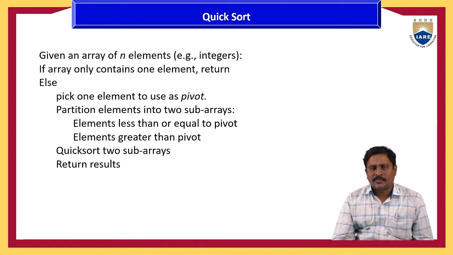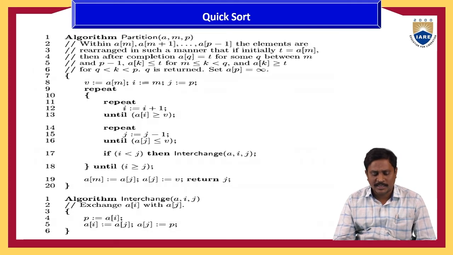After doing this, next we compare all these elements. After comparing, we exchange the values and arrange them in ascending order. Finally, we get the sorted list of array elements, and return that result. So this is the algorithm.